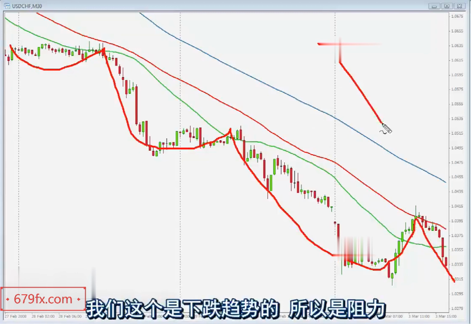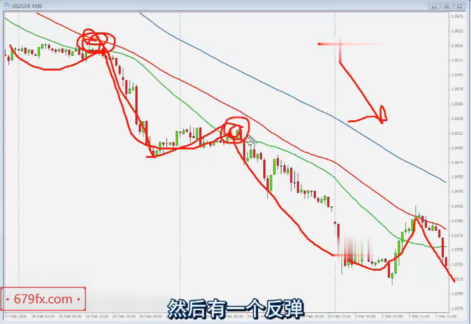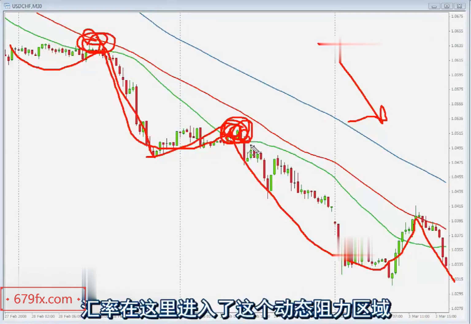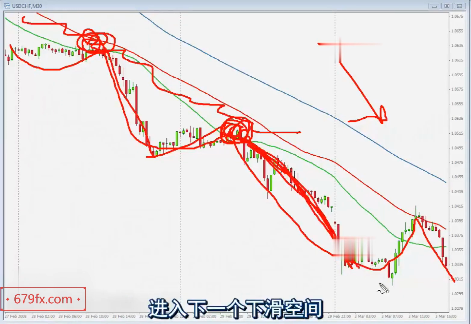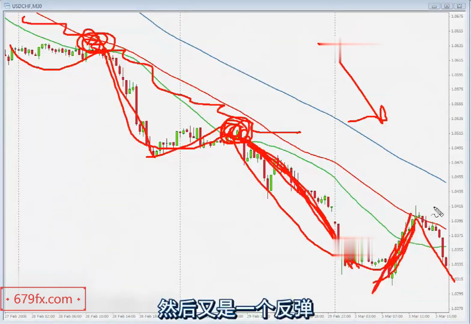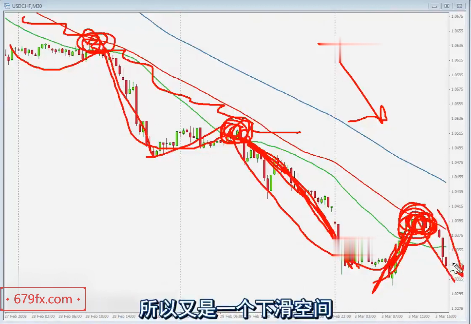Resistance in this case, as we're in a downtrend. So, as you can see, we have a swing down, retracement, the moving averages catch up with price, they do indeed work as resistance, and they push price down into yet another swing. Then we have another retracement back up, the dynamic area once again holds the retracement, bang, another swing to the downside, okay?